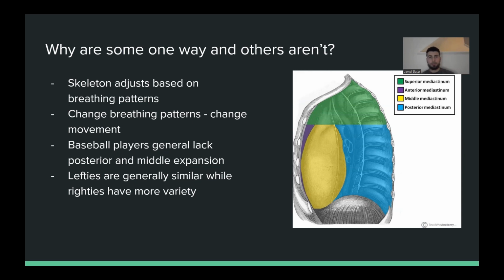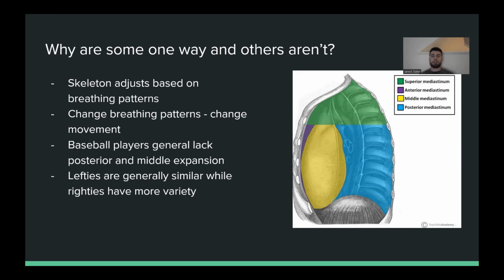Why is this? Well, baseball is a rotation and extension-based sport. It's also a flexion-based sport, but you rotate and extend to then throw and come through. But in order to flex, we have to take the front part of our body and do this with it, or at least that's spinal flexion. That involves compressing your superior and anterior mediastinum.